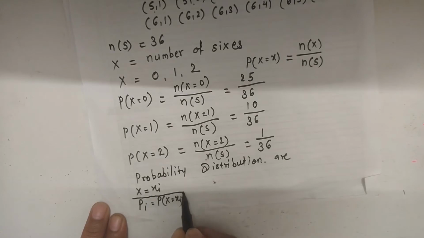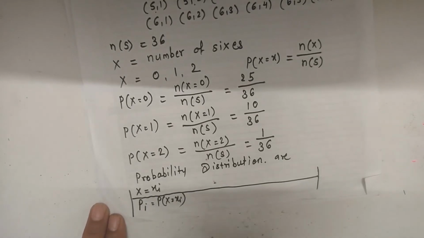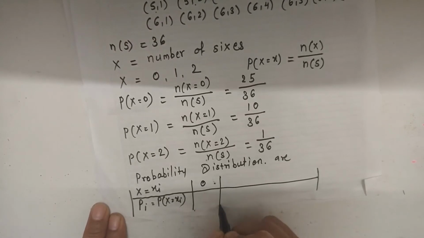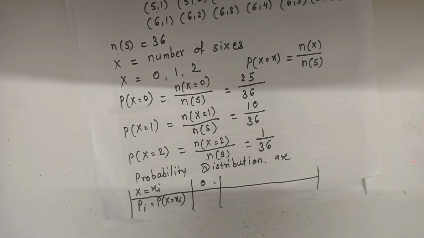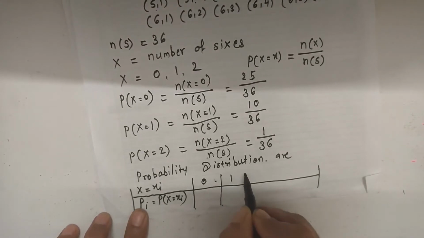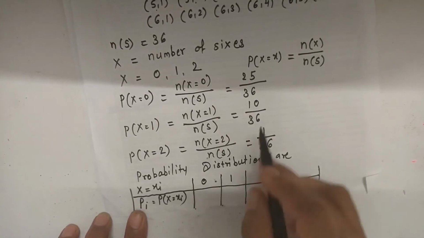So the probability distribution table for the given random variable x is xi and their probability pi. The possible values of x are 0, 1 and 2 and their corresponding probabilities.